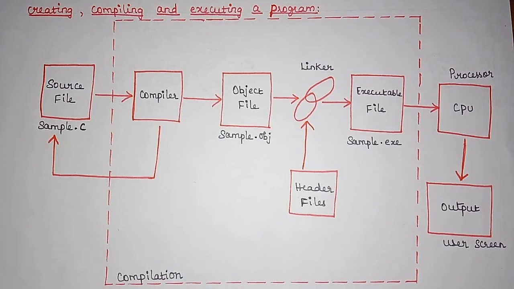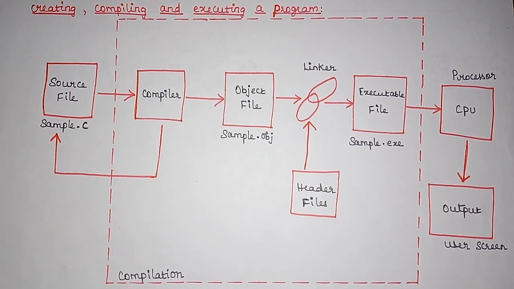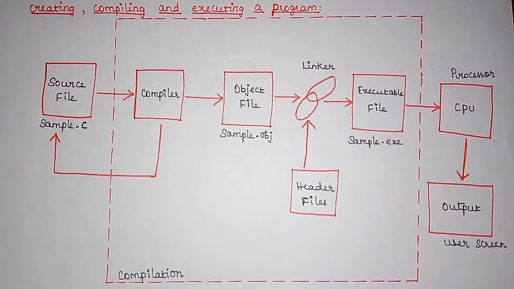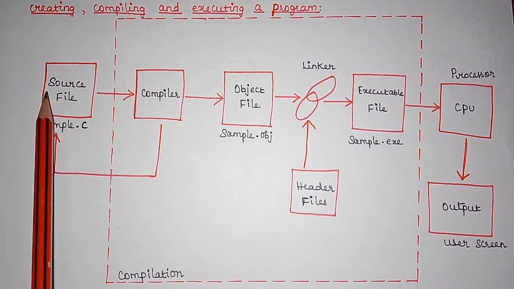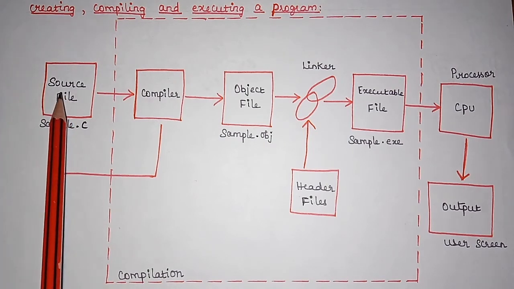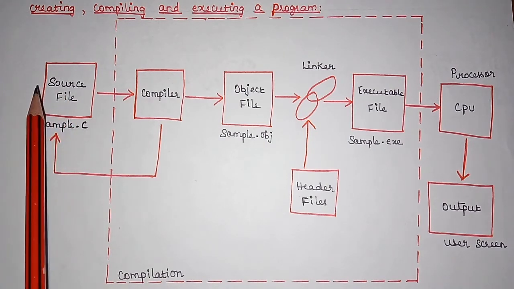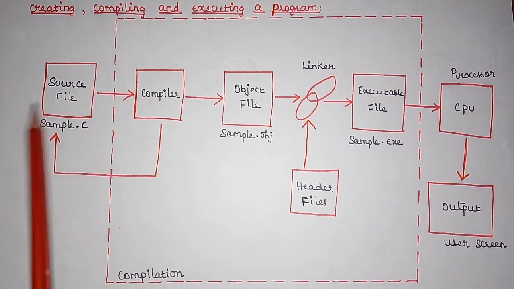Till now we have seen the importance of programming languages and the types of programming languages. Now we will see how we can create, compile and execute a program. You can see the structure here. Initially we are going to create a source file, and this source file can be written in any of the programming languages like C, C++, C Sharp, Java, anything.